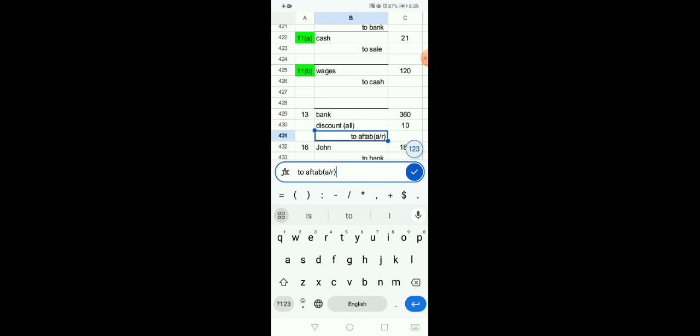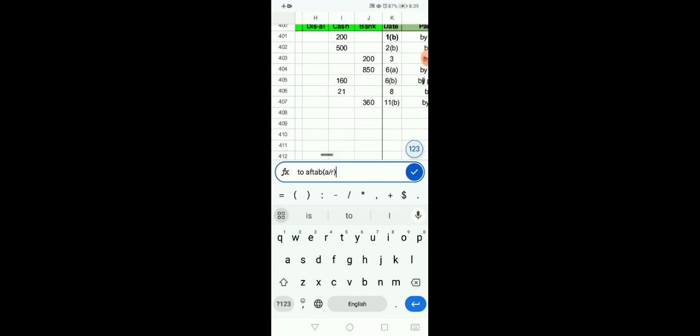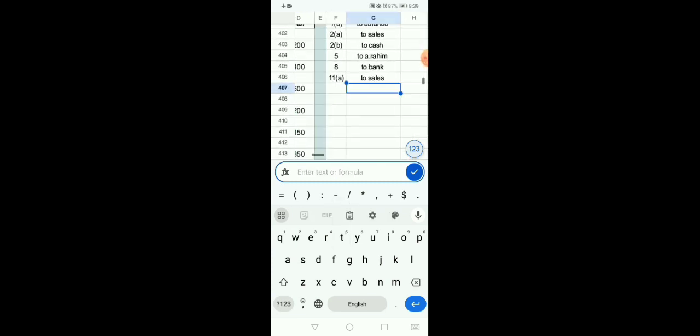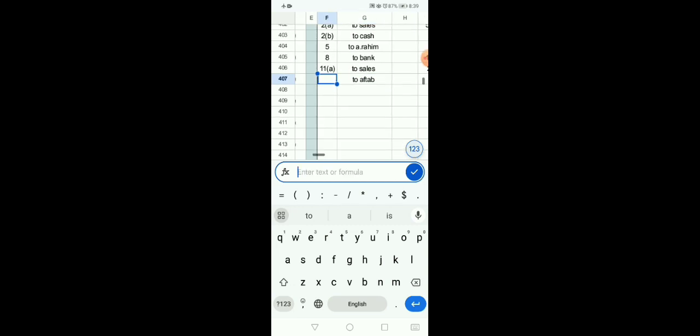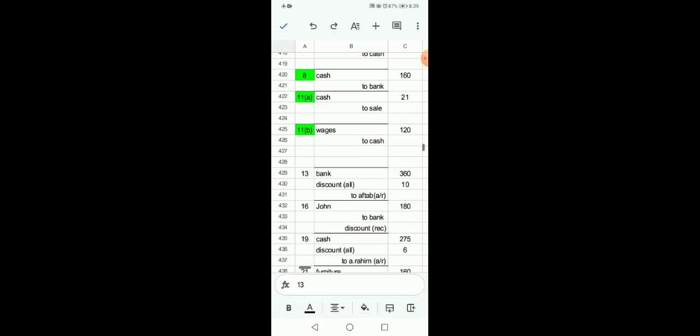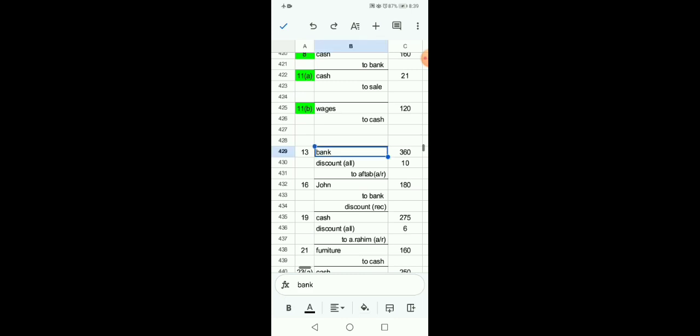Now see what is the reference for bank and discount. Reference is the same, that is Aftab. So you are supposed to write here "to Aftab", and now see its date, which is 13. Put 13 over here. As it was described in the 13th entry, for bank and discount, the reference is the same.